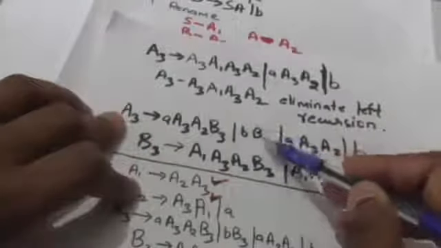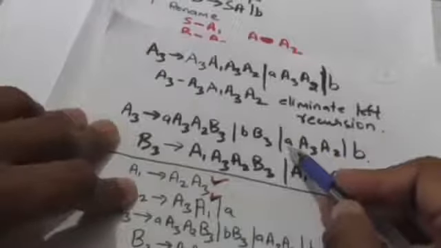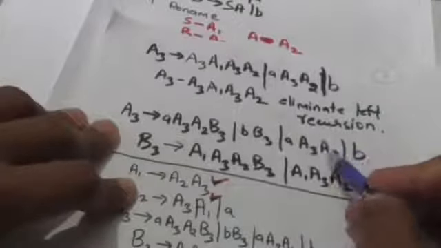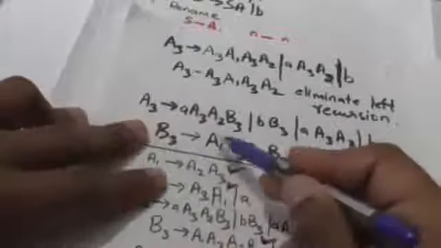A3 derives B3. A3 derives A3, A2. A3 derives B, and B3 derives A1, A3, A2, B3. B3 derives A1, A3, A2. Right. So this production is replaced by these productions in grammar G.